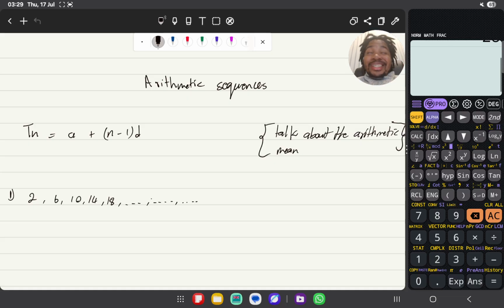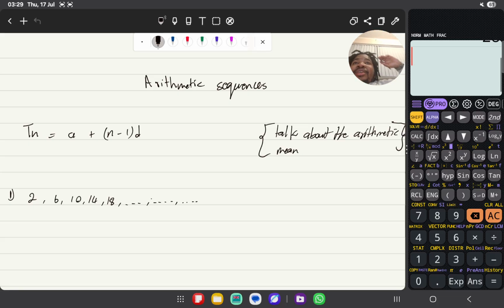For example, it increases by 2 or it decreases by 5, always and forever. Then you know you have a linear number pattern, and this is exactly arithmetic sequences.